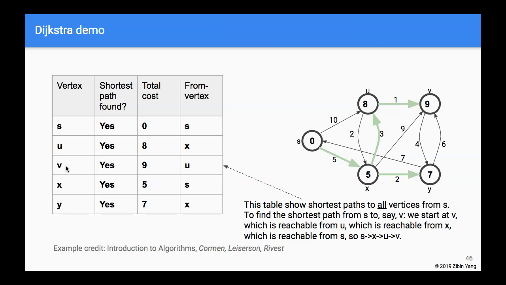So we know we can get to V from U, and then we look at U, we can get to U from X. We look at X, we know we can get to X from S. So we go backwards, V, U, X, and S, and that would be the shortest path, and we know the cost is 9. All right, I hope that makes sense.